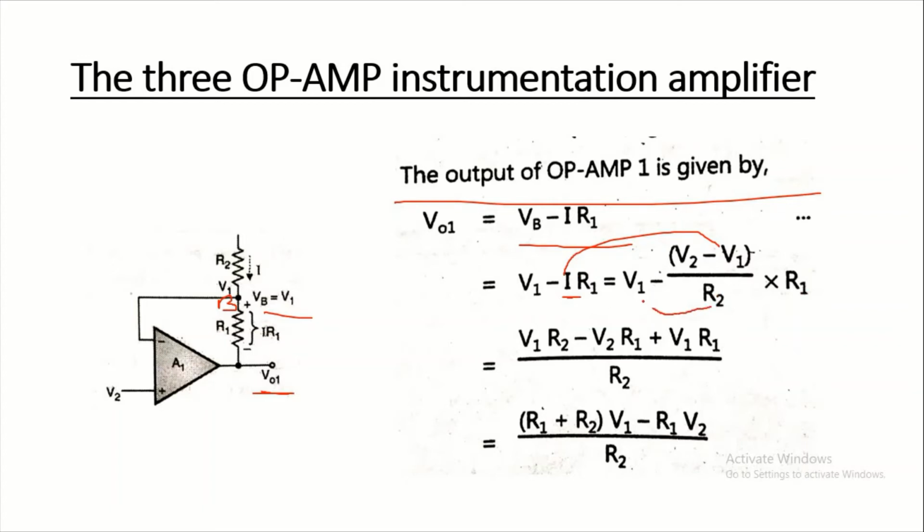Now taking the LCM, R2 is multiplied with V1, so V1 R2 minus V2 R1 plus V1 R1, whole divided by R2. Now taking V1 common from the first and last terms, in the bracket R1 plus R2 common, V1 minus R1 V2, whole divided by R2.